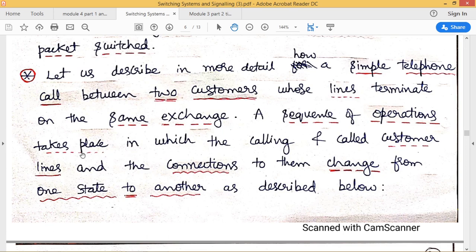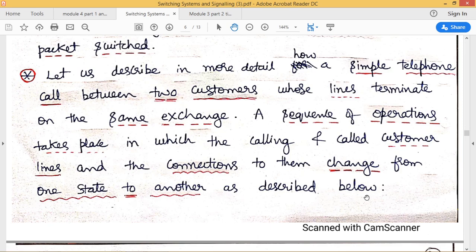A sequence of operations takes place in which the calling and the called customer lines, as well as the connections to them, change from one state to another, as described below. From the local exchange we have a subscriber line to the calling person as well as a subscriber line to the called person.